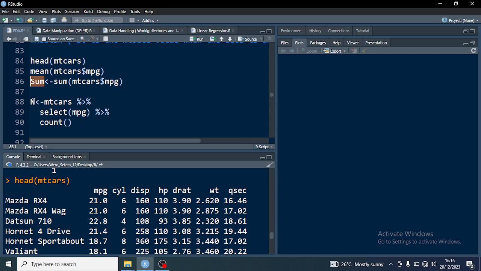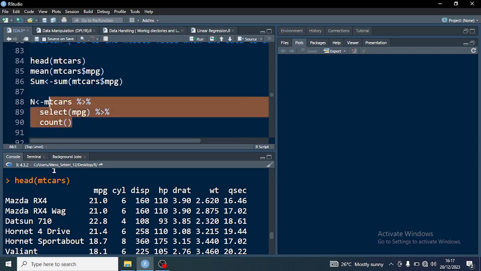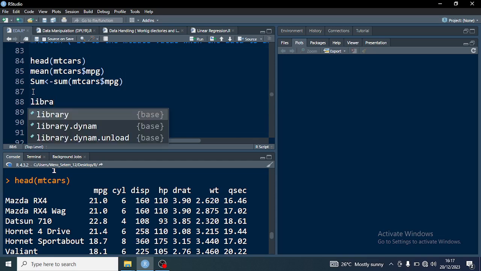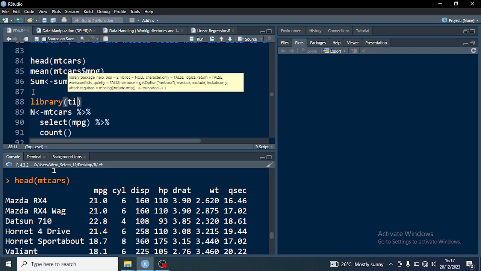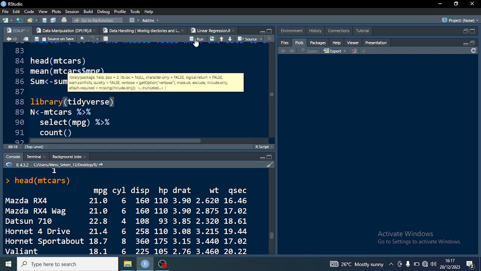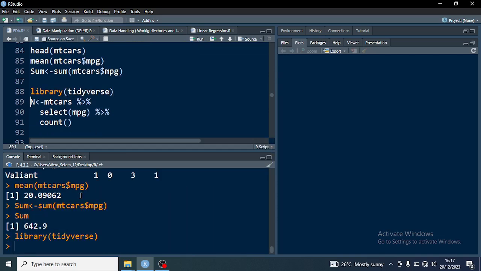I'm creating the count of mtcars. I'm using the pipe operator here. First of all, I have to load the package called tidyverse with library, so that it allows you to access the pipe operator.